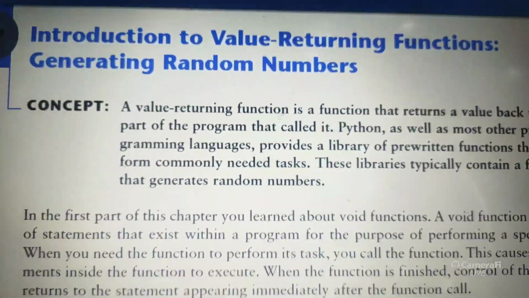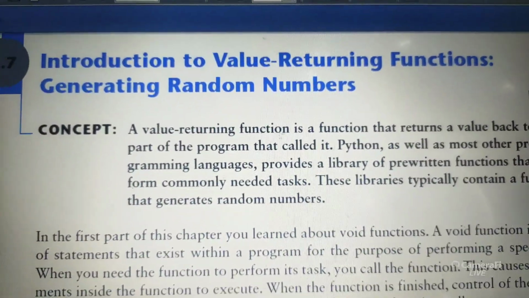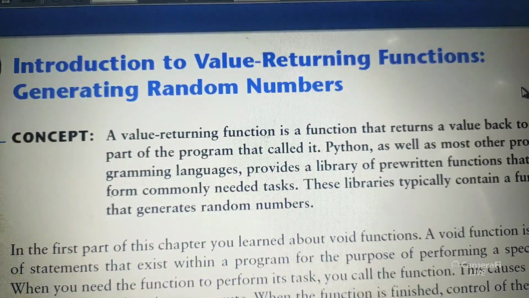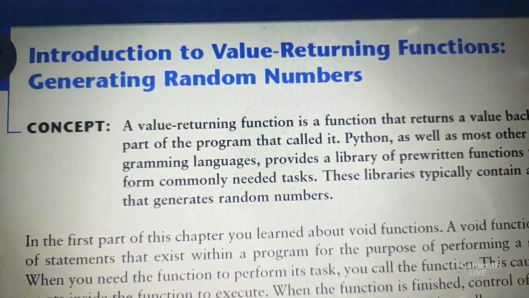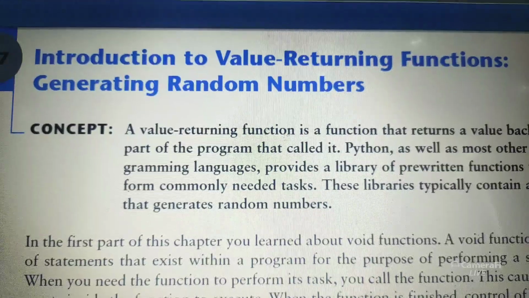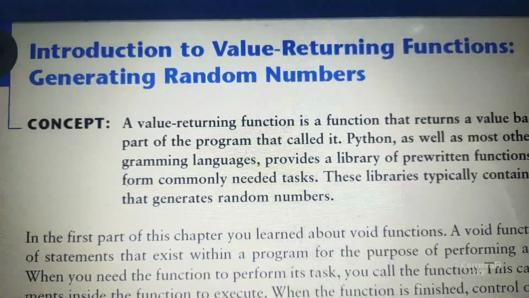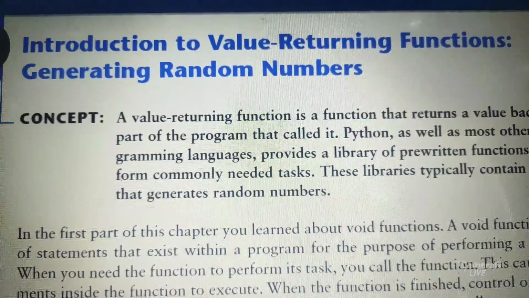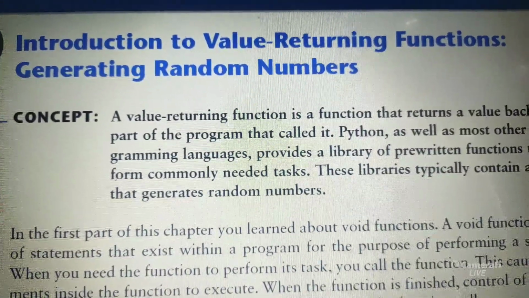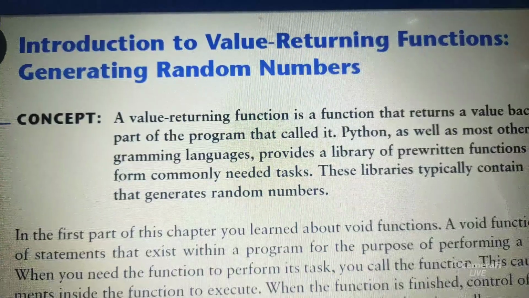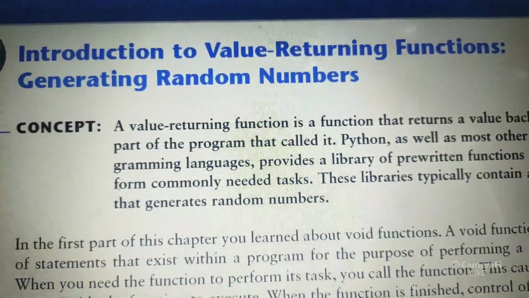Next, introduction to value returning functions. In the first class we discussed that there are two types of functions in Python: void functions and value returning functions. So far the programs we have seen are void functions, where just the body is executing.